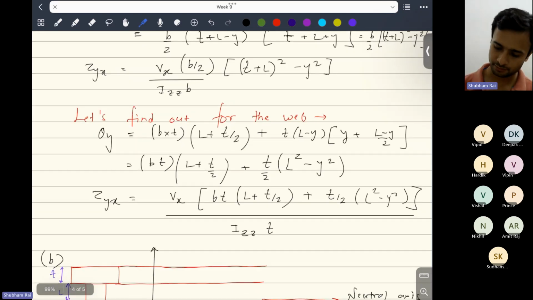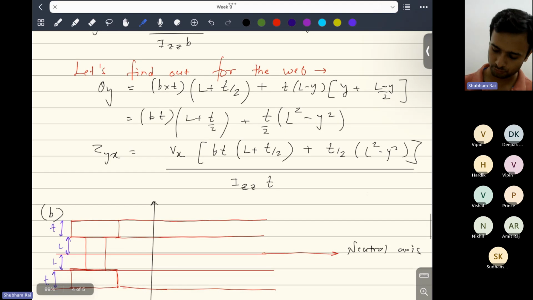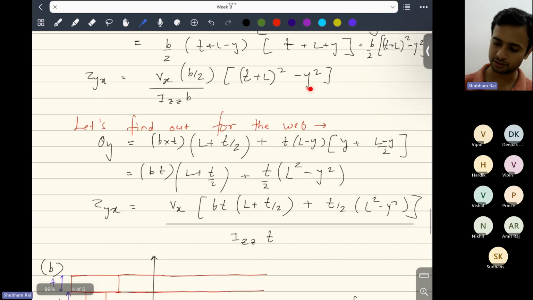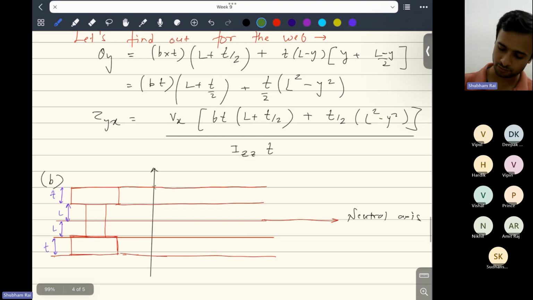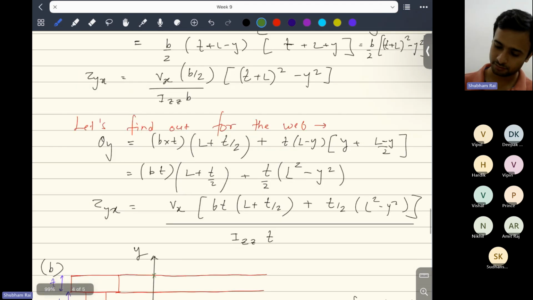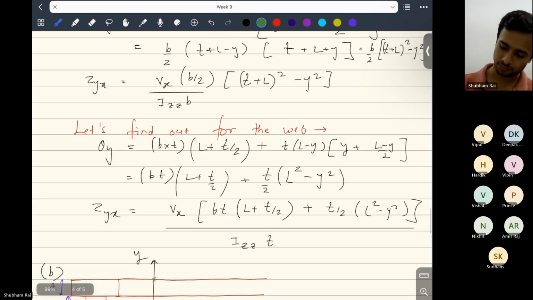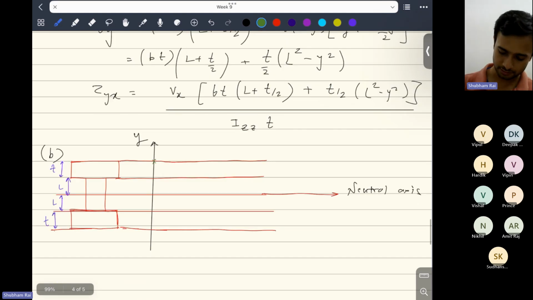So at y is equal to L plus T, if you put y is equal to L plus T, this will be 0. So we'll start from 0 because this point is y is equal to L plus T. Here we have y. So we start from 0 and it will be a parabolic variation. So we'll go something like this. It's a quadratic variation.